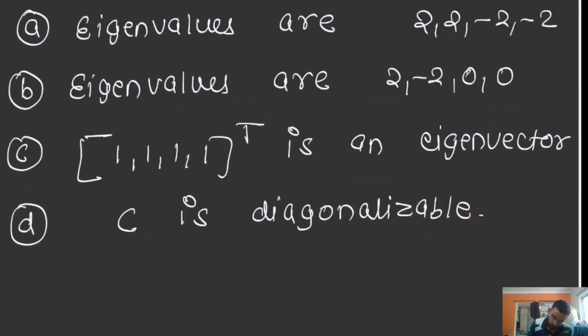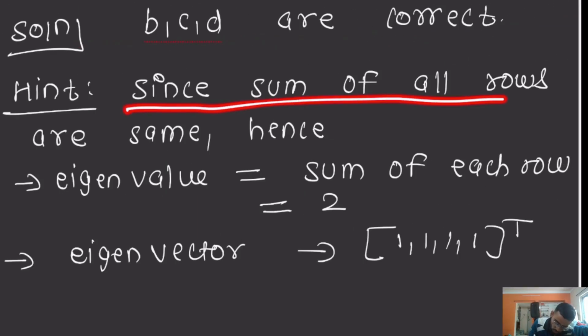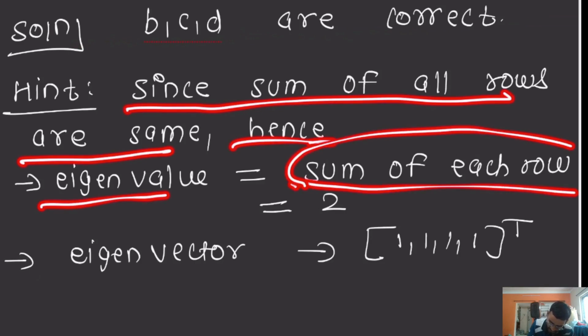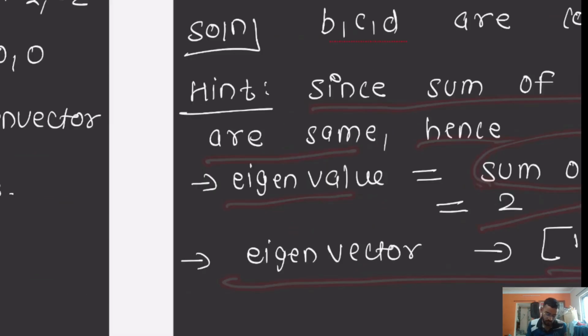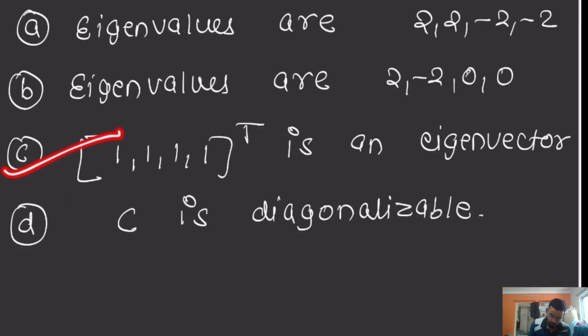So the eigenvalue is 2, corresponding to eigenvector 1 1 1 1 transpose. Which means this is an eigenvector of the given matrix C.